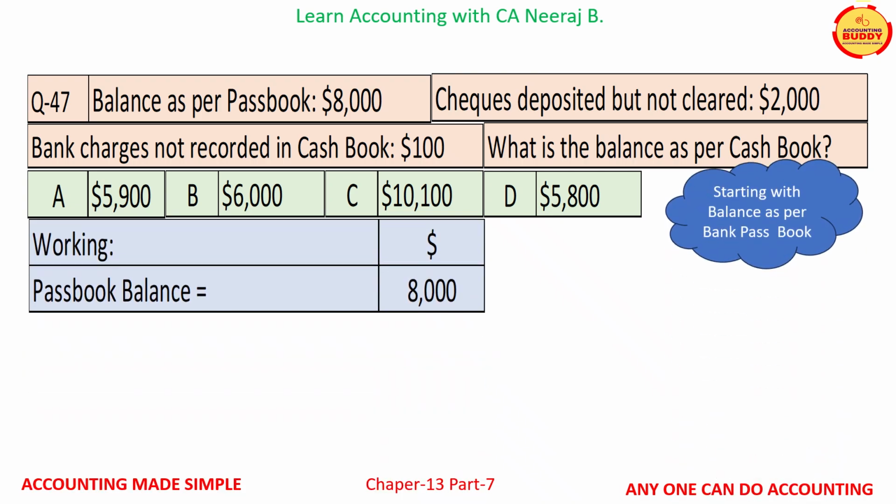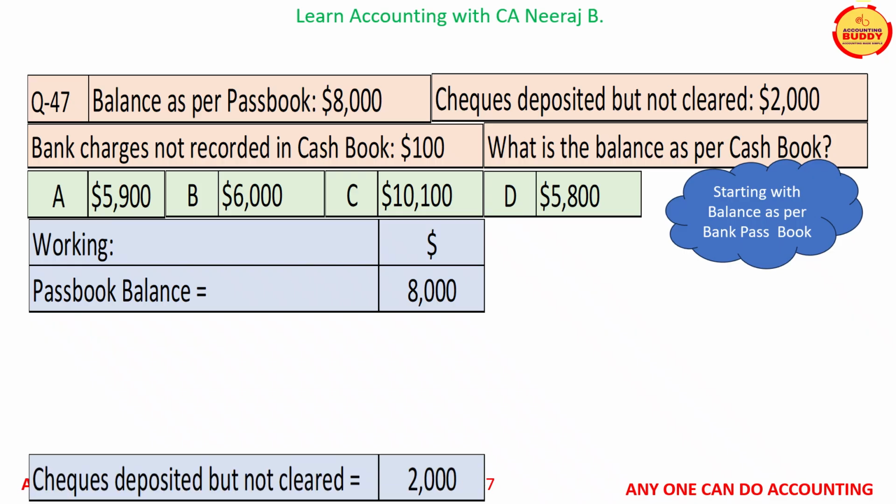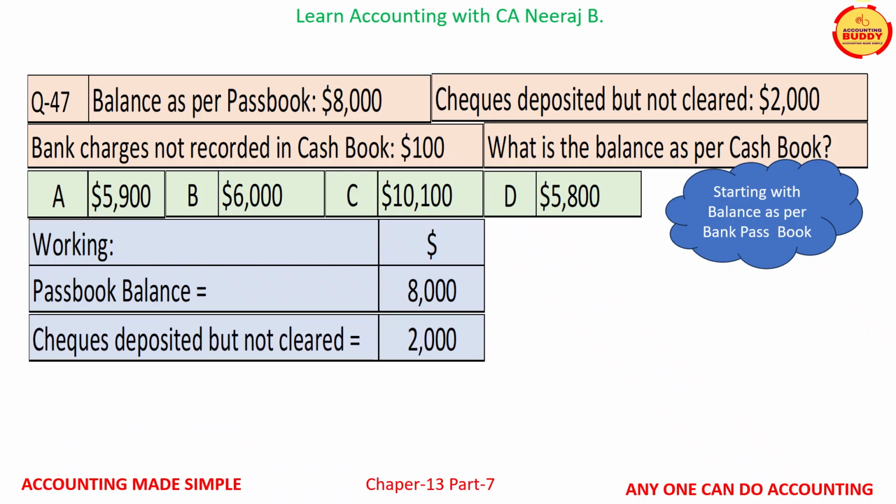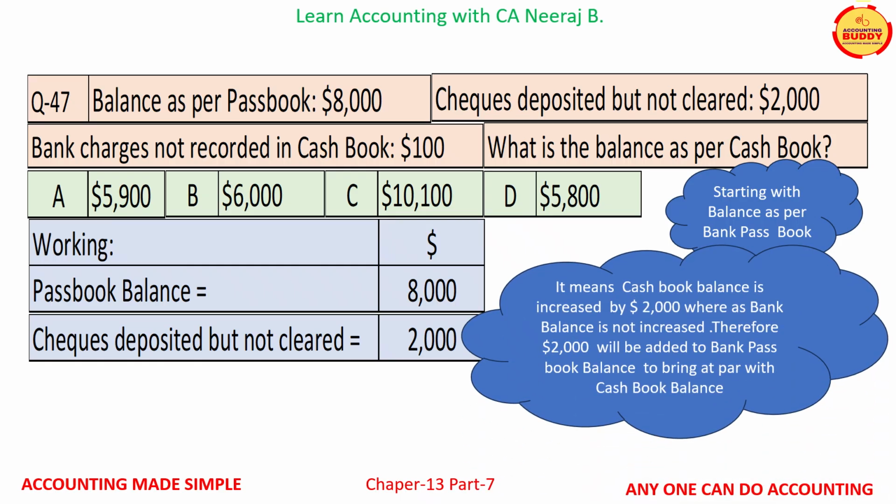Let us start with the bank passbook credit balance of $8,000. If we analyze the unmatched transaction of the checks deposited but not cleared for $2,000, it means cash book balance is increased by $2,000 whereas the bank balance is not increased. Therefore, $2,000 will be added to the bank passbook balance to bring it at par with the cash book balance.